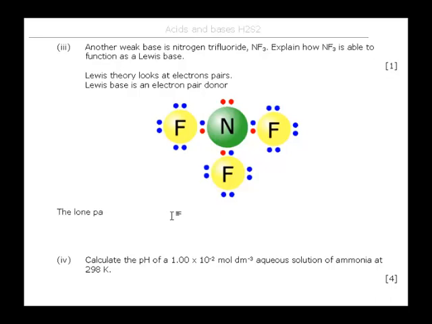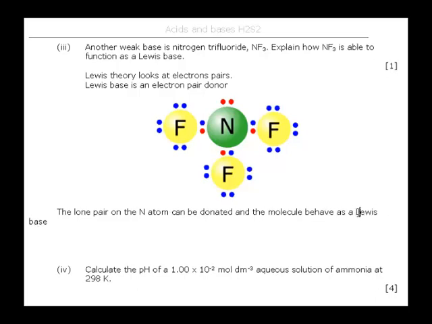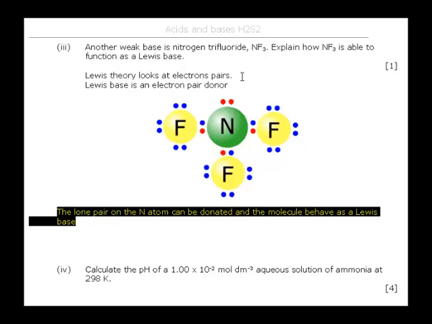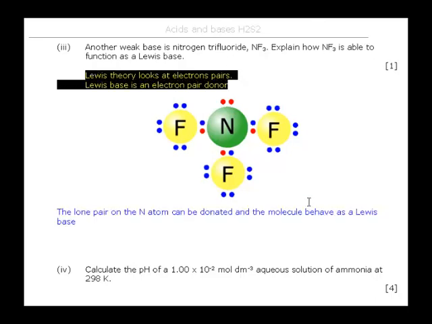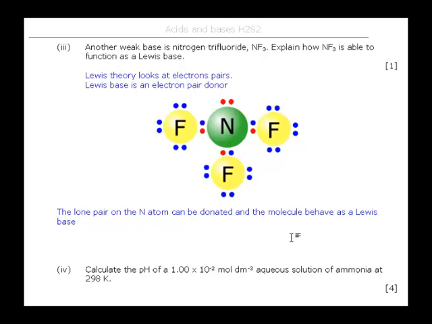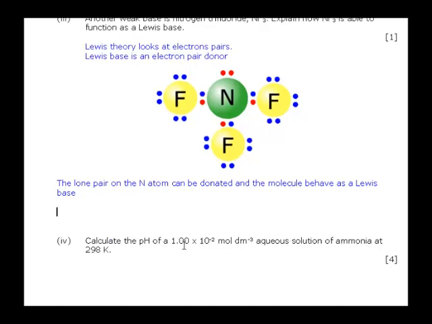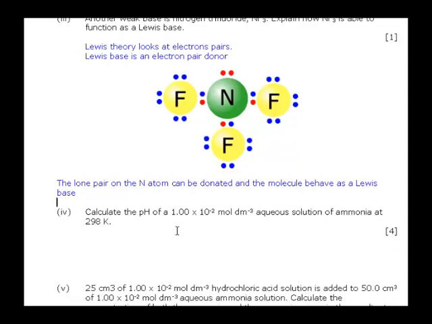So the lone pair on the N atom can be donated, and the molecule behaves as a Lewis base. As its symbol, we'll give it a capital L. And there's the answer. Probably a bit too thorough an answer, looking at the fact there was only 1 mark for that.